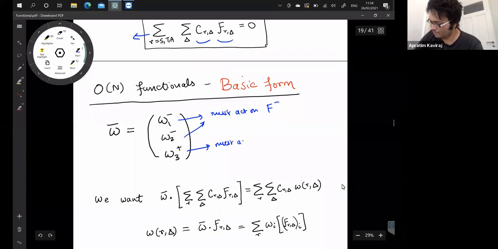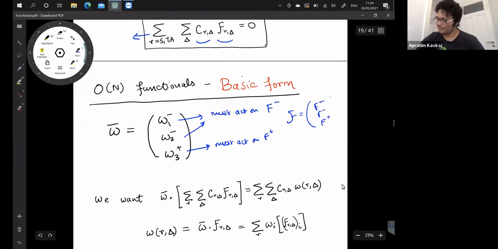So it has to be a plus type functional, because any f is basically f minus, f plus, like this. So the ON functionals must have this generic form.